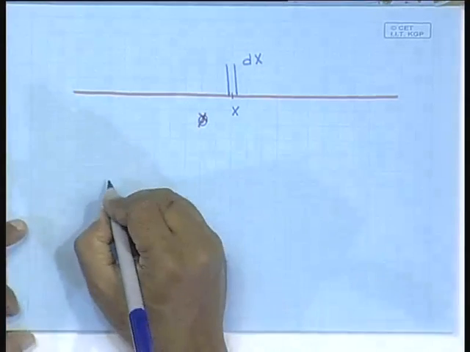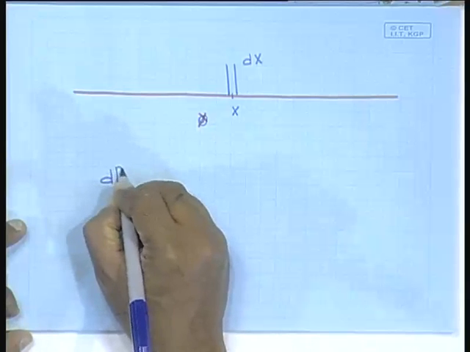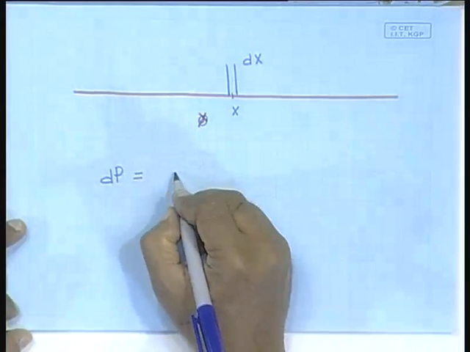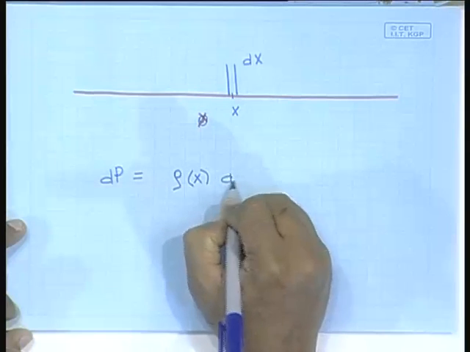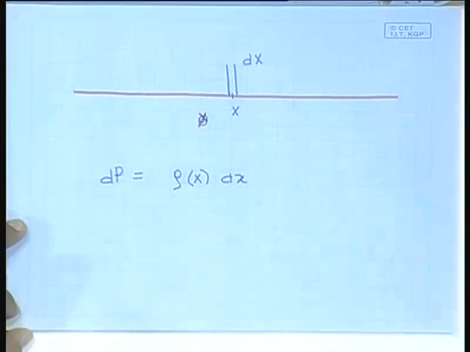In general, this can be written as rho of x into dx, where dx is the interval.